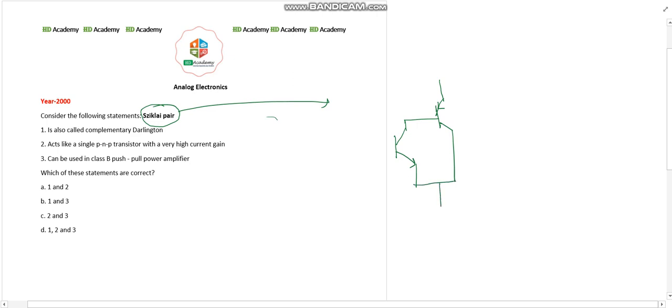This is the emitter, this is the collector, and this is the base. So this is the Ziegler pair, in which this is one NPN transistor and this is PNP.